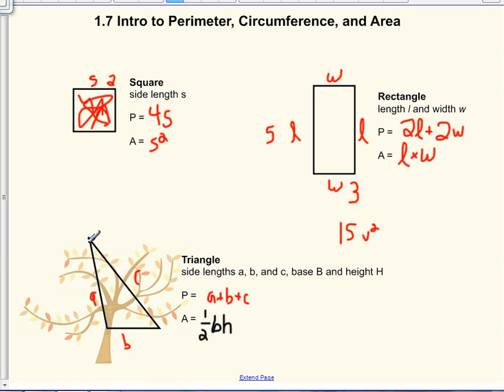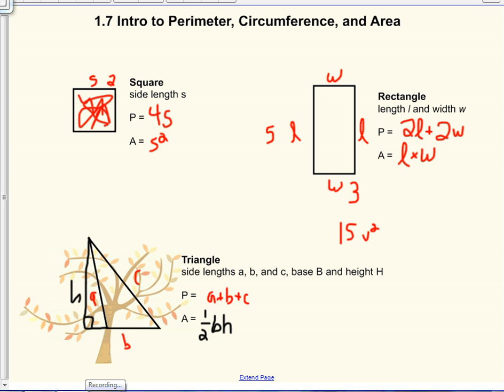So we can draw lines to make it into a 90-degree angle, and this will be our height. Now, they will always tell you when you're finding the area what that height is. They will rarely, if ever, ask you to find the height. Okay? So those are all our formulas for squares, rectangles, and triangles.